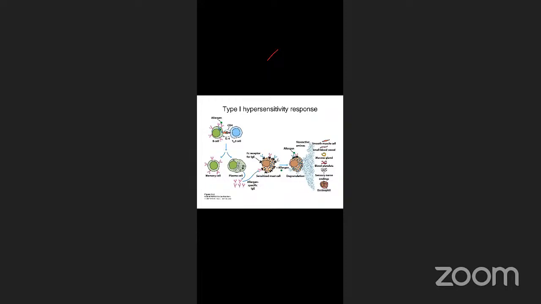At the plasma membrane, different signaling mechanisms will be activated, and the degranulation process will be the consequence of the allergen attachment or cross-linking of membrane-bound immunoglobulin E.